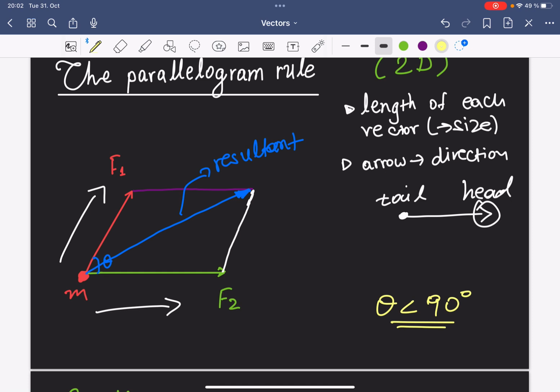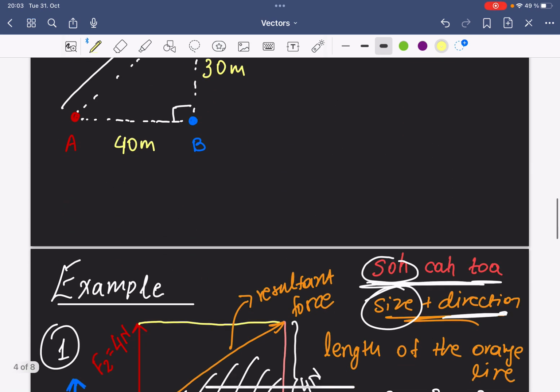It is possible to calculate that as well. There is a formula and everything, which is not the focus for our level. For IGCSE, you will always have two forces like this, and this is going to be 90 degrees, which means you will always be calculating the resultant force in this beautiful and easy way. So you don't have to worry about any angle other than the angle theta being 90 degrees between F1 and F2.